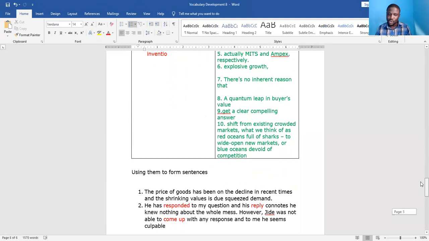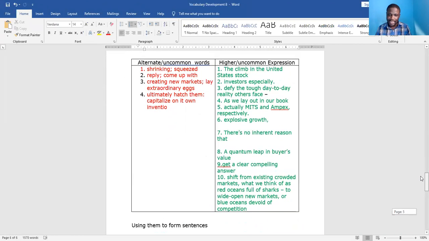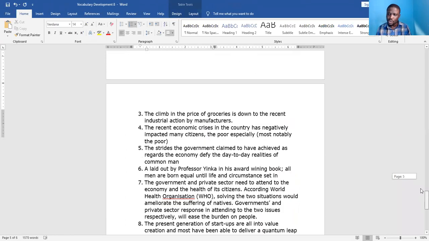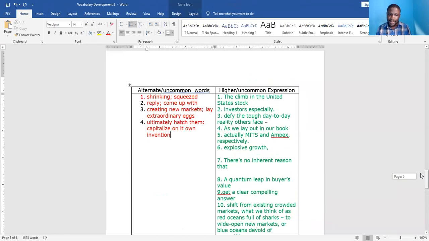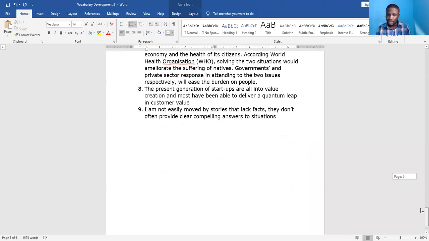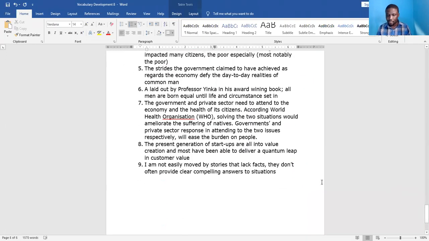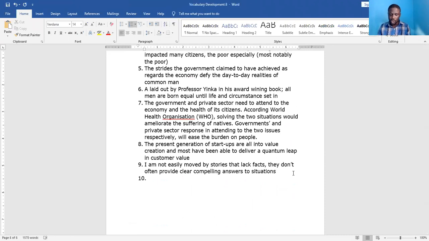Okay, let me use one last sentence. Okay, let me use the word create new market, lay egg. The extraordinary is an embellishment. Okay. I have been able to drum up.